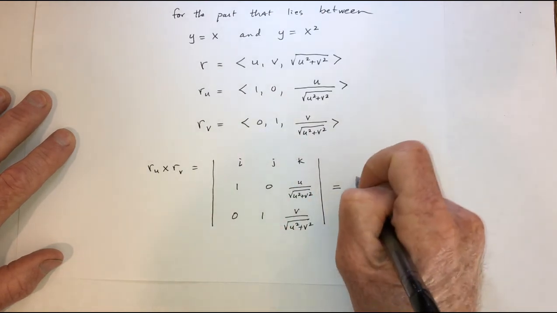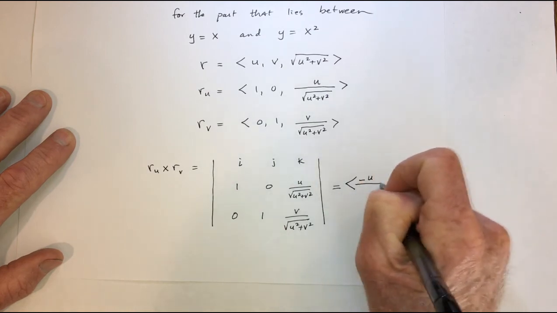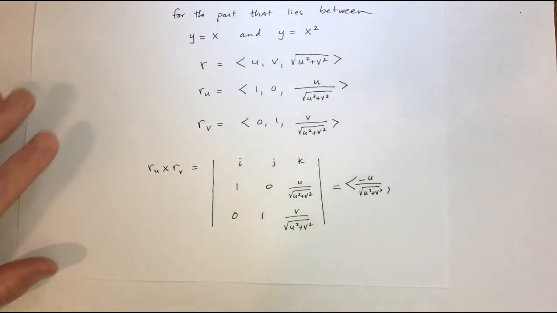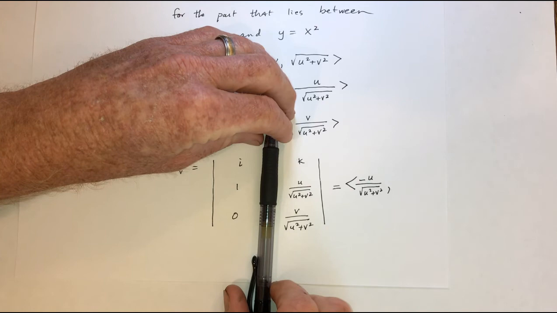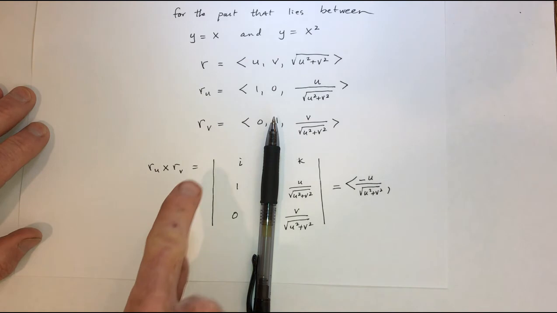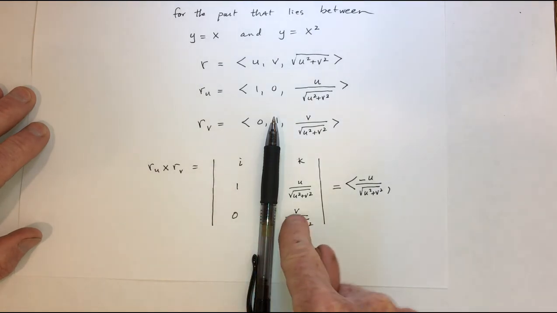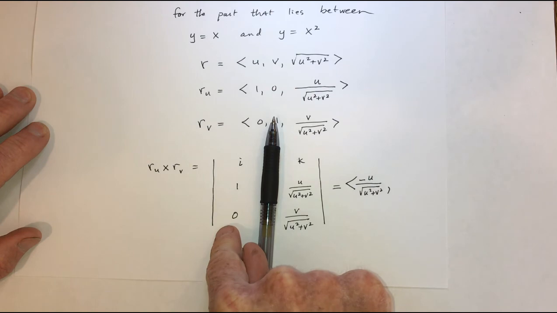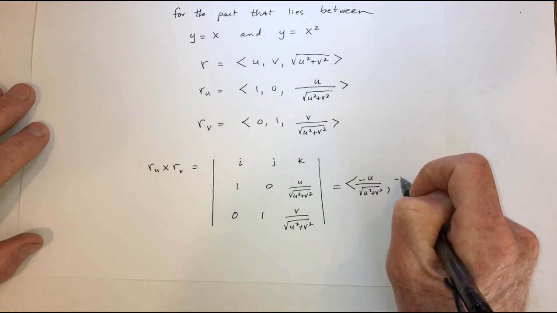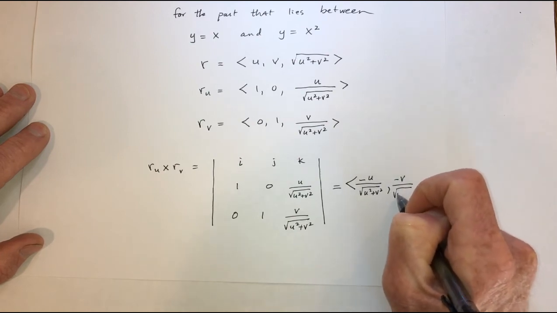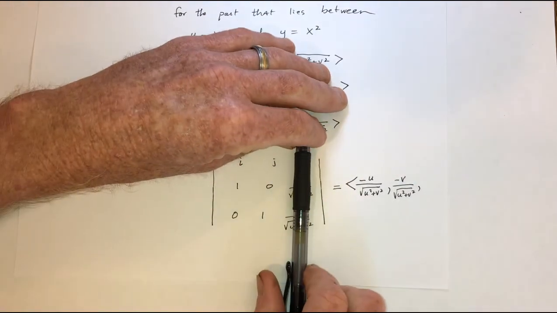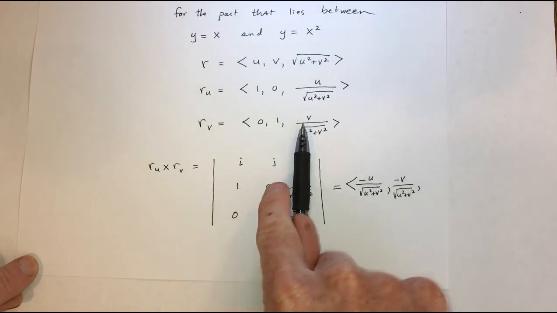So the first entry is going to be minus u over the square root of u squared plus v squared. Keep in mind that the j component needs to be multiplied by a negative 1. So the main diagonal would just be v over the square root, and then minus 0. Then this one needs to be multiplied by a negative, so it's going to be negative v over the square root of u squared plus v squared. And then finally cover up the k, and this would be 1 minus 0.